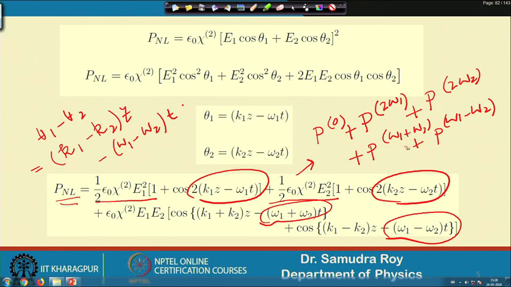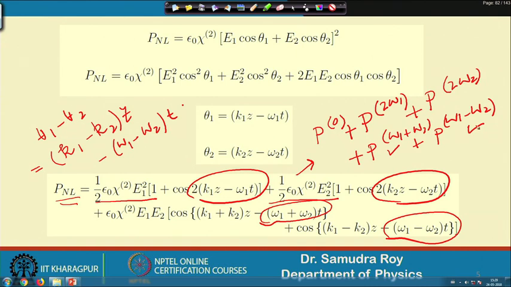But the important thing is that here omega 1 plus omega 2 and omega 1 minus omega 2 terms are there. That means the dipoles are not only going to vibrate at 2 omega 1 and 2 omega 2, but also at two different frequencies, omega 1 plus omega 2 and omega 1 minus omega 2.